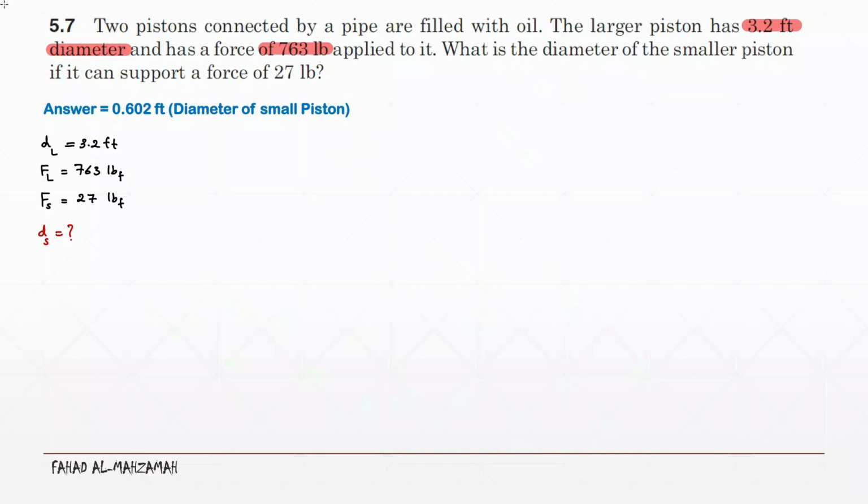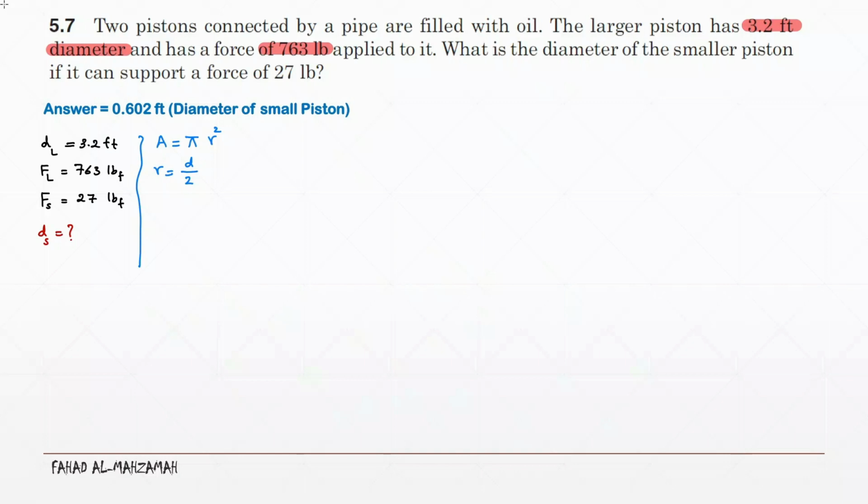So here we have the area of a circle is equal to pi r square, and r is equal to the diameter over 2, which is half of the diameter. Radius is نصف القطر, diameter هو القطر.